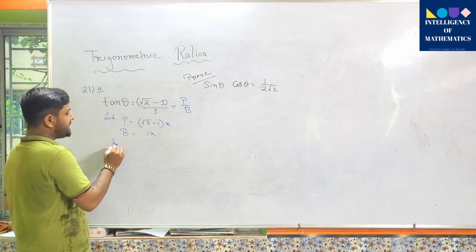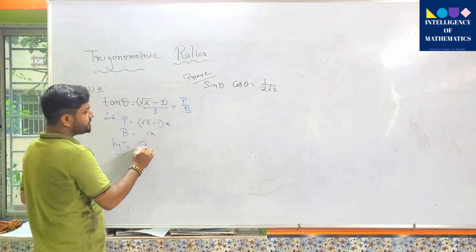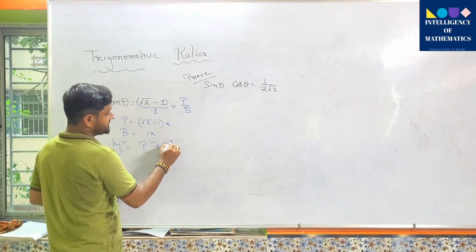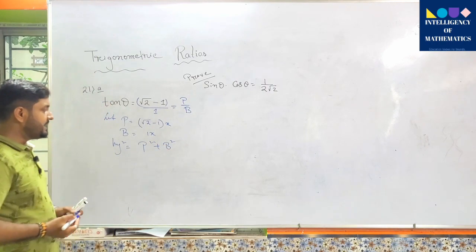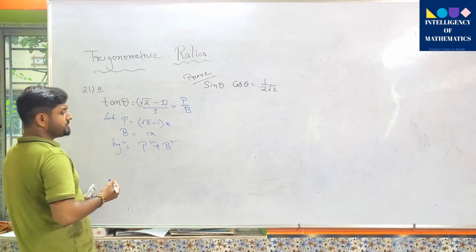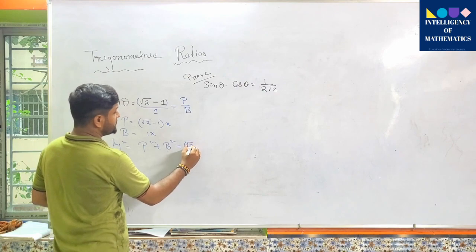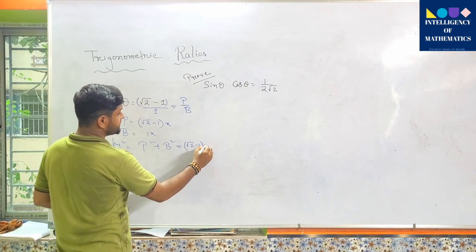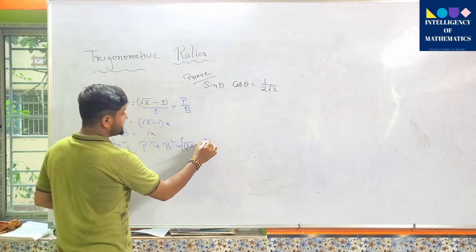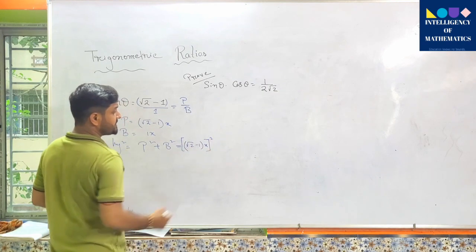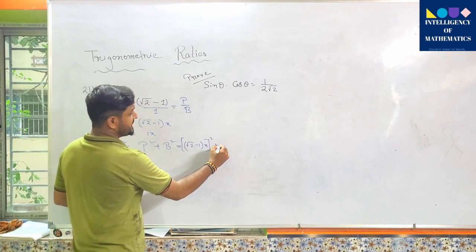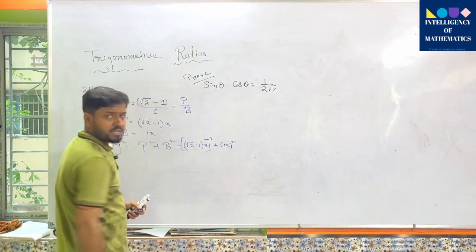So we know hypotenuse square is equals to perpendicular square plus base square. Now if we do perpendicular is √2 minus 1 into x.